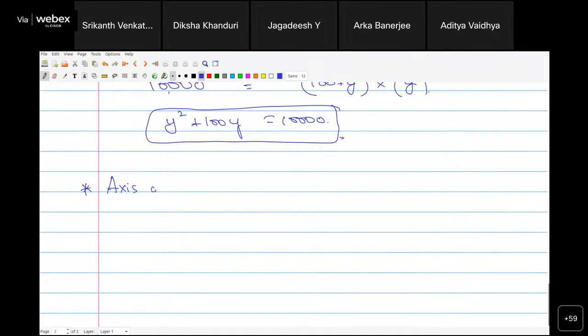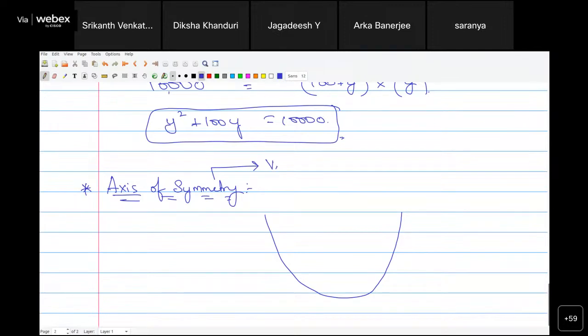No, it is the line that passes through the vertex and basically divides the parabola into equal parts. So if I have a parabola somewhat like this, the axis of symmetry is basically a vertical line. In regards to quadratic functions and parabolas, the axis of symmetry will always be a vertical line.